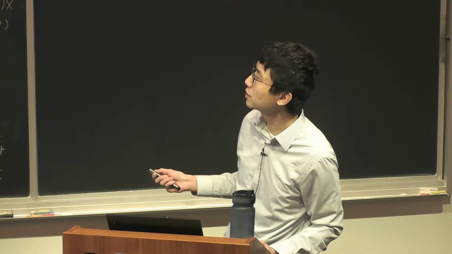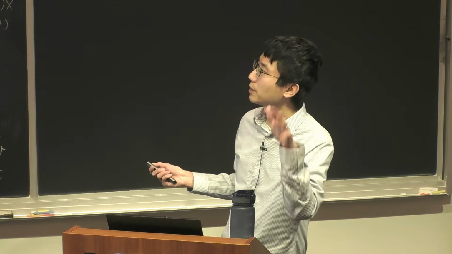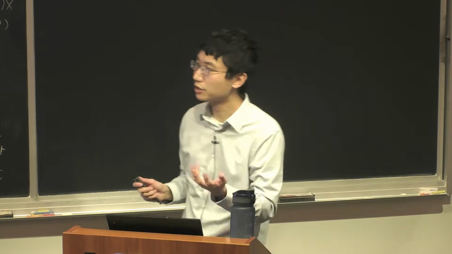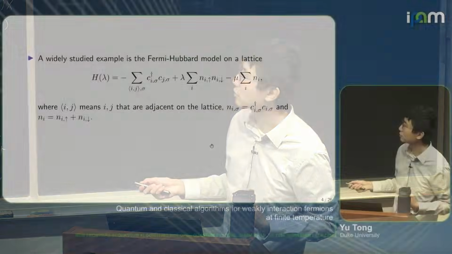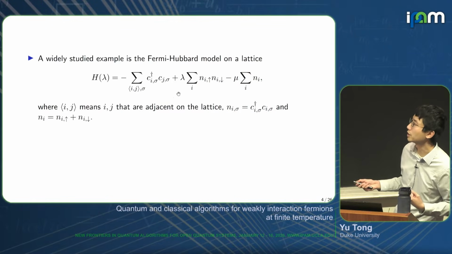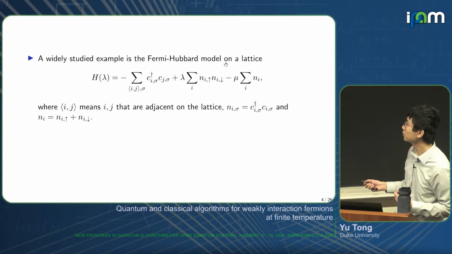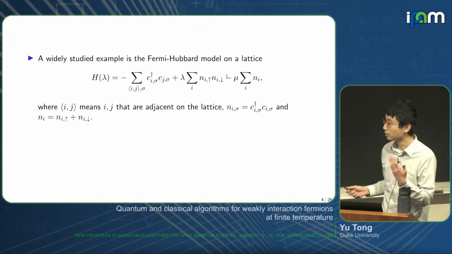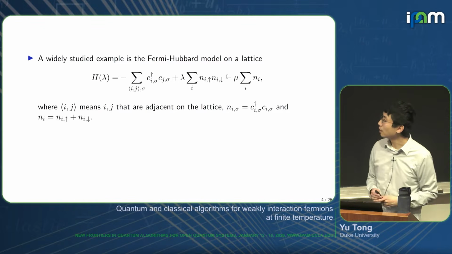This tells you whether there is a particle on site i with spin up or not. So this describes the on-site interaction between particles on site i. This is a quartic term in the fermionic creation and annihilation operators corresponding to on-site interaction. And then we have a chemical potential term, which is, again, quadratic. So you can see this is a typical Fermionic Hamiltonian with the structure I described.